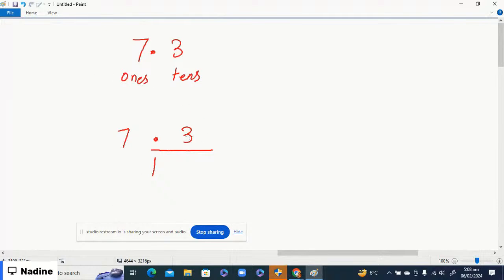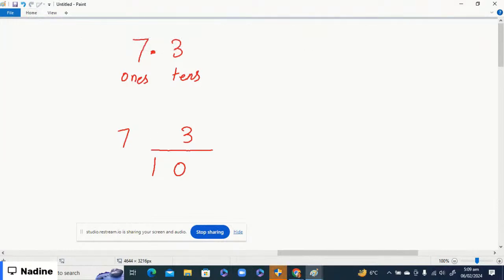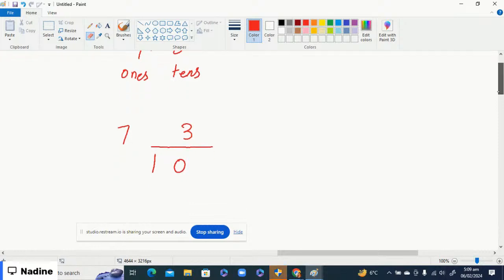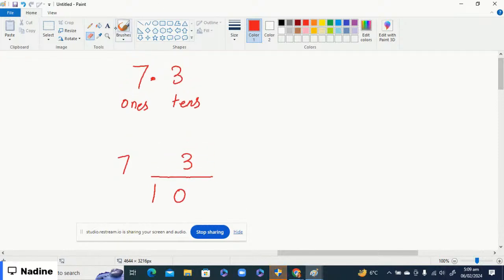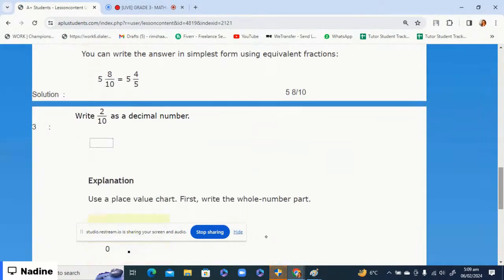How many digits are here? One digit, so we put down 10, and now this point is removed. So this is your answer, 7 and 3 by 10. Got it? All right, let's do this one. So this is your question.